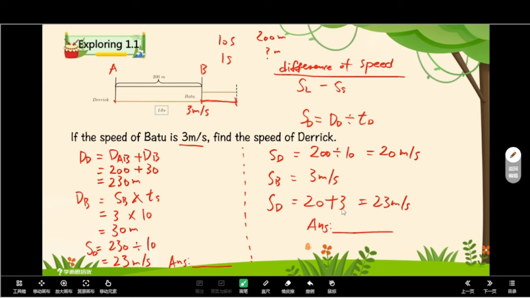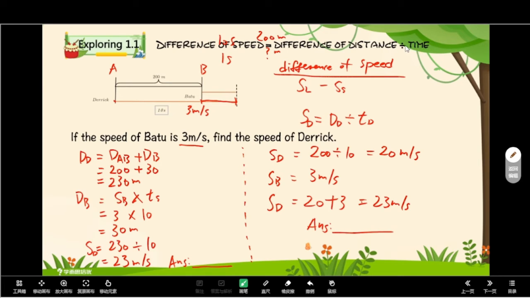So which method do you think is easier? Yes, the second method. And in this question, we have known that if we need to calculate the difference of speed, we need to use the difference of distance divided by time.